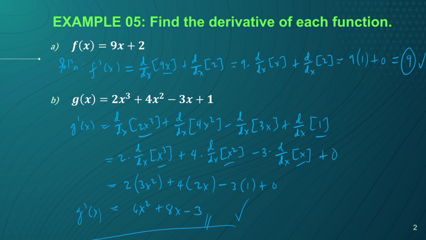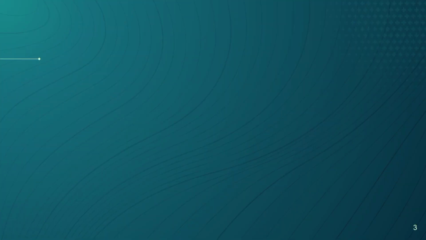So now let's proceed to example C. Our h of x is equal to 4x squared minus 2 over 3x. So here's the solution. Again, first, since it's a complex rational function, we are going to break it down into an equivalent expression.